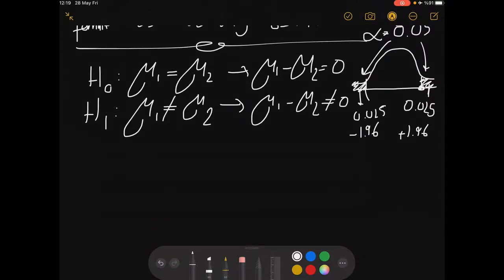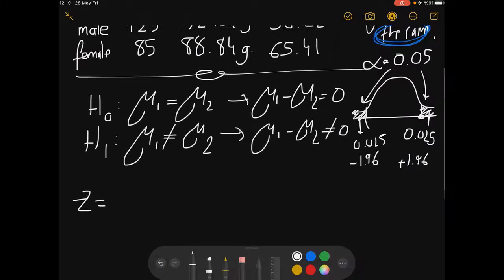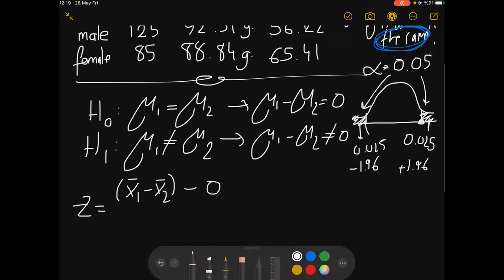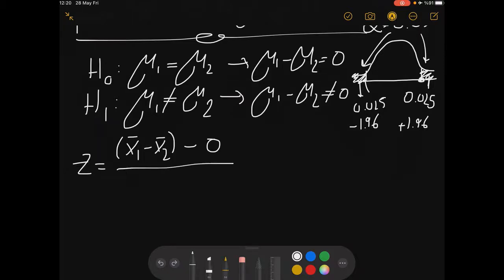That's the idea. So let's do some calculations to transfer our data to the standard normal distribution table so that we can use that table efficiently. Minus 0, okay, mu1 minus mu2 is 0 in your H0 hypothesis, and x1 minus x2 here over the standard deviation.